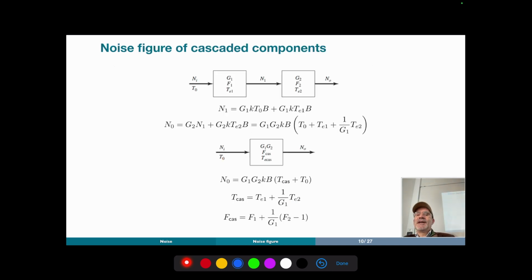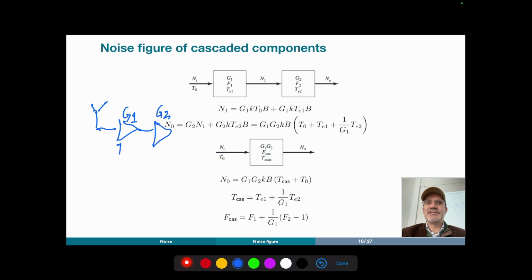Another important aspect is when we have a cascade of components. For example, this usually comes about when we have an antenna, then an amplifier, followed by a second amplifier. Each amplifier has a certain gain, this one has a certain noise figure, and this one a different noise figure.